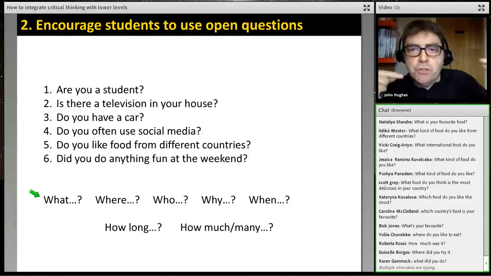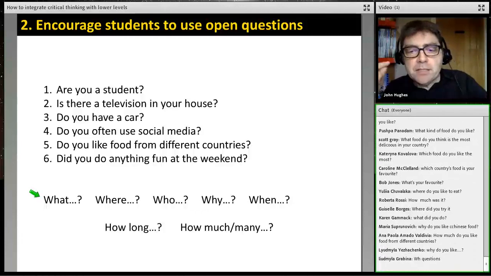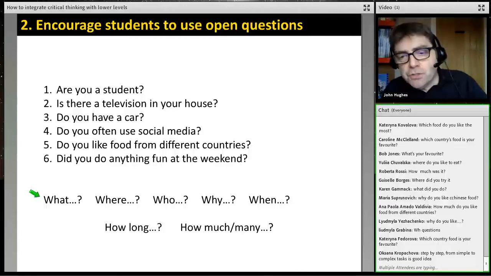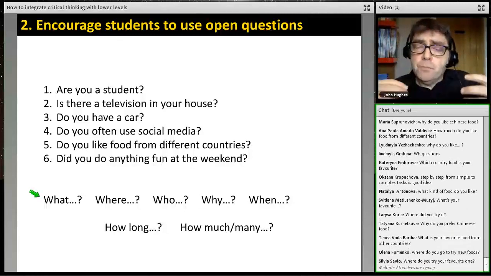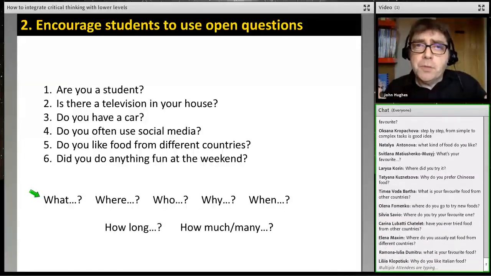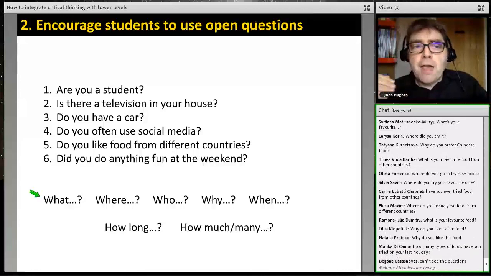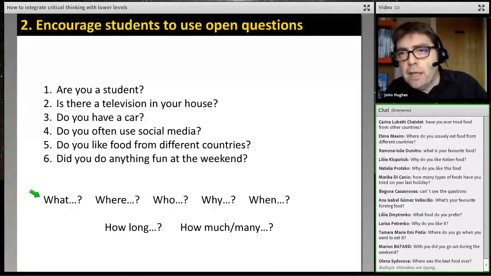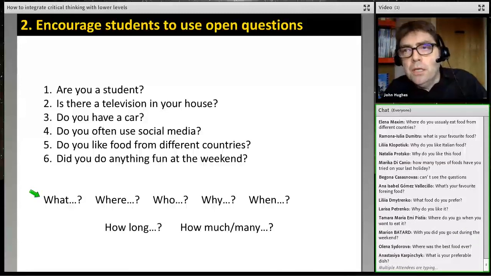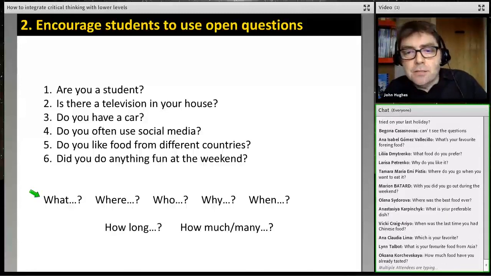And you can just do this with students working in pairs until they work through all 6 questions. It's not hugely higher order thinking, but it's more higher order than the simple closed yes/no questions. It's generating more language, and it's a more interesting task in that sense.